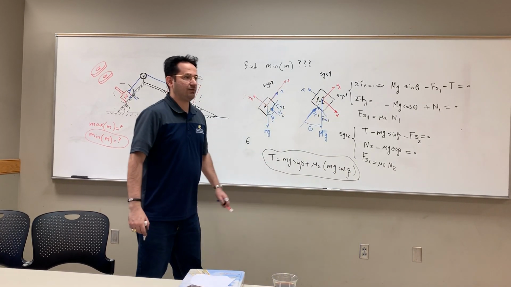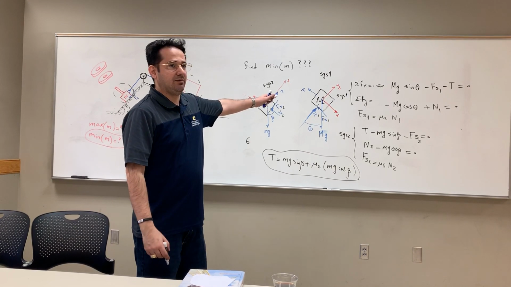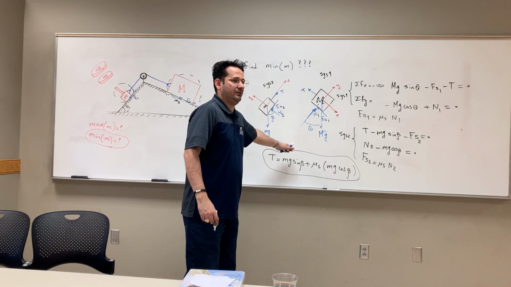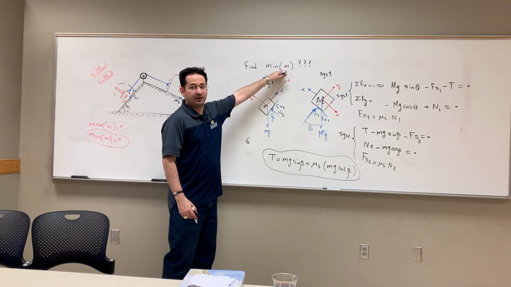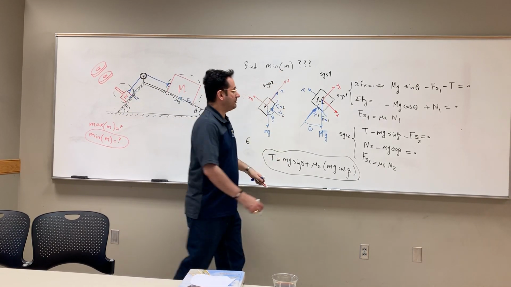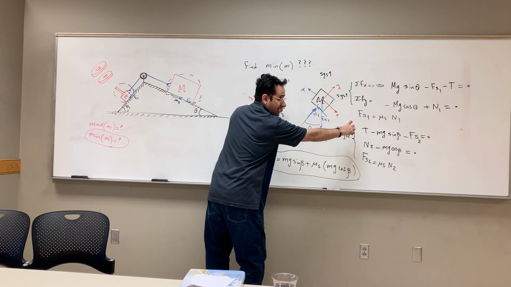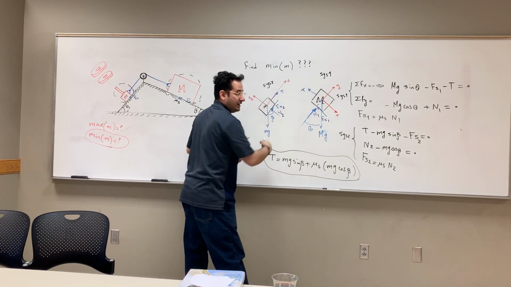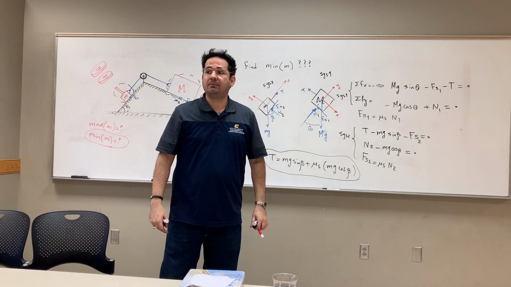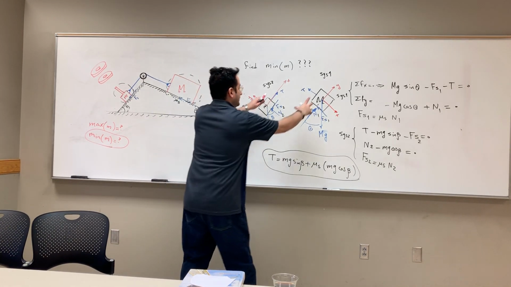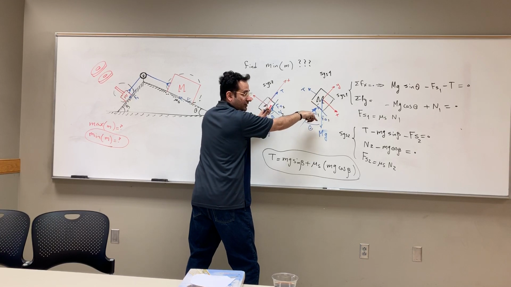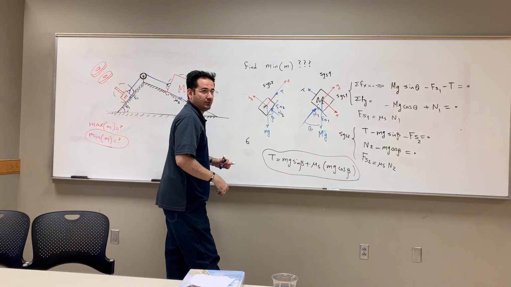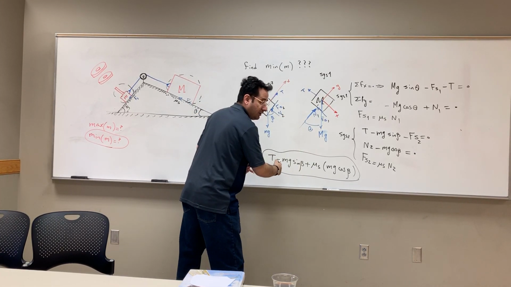So if somebody asks you for tension in the cable, that's the answer. But the question is to find the relation for M in the minimum case. Minimum case means the case that is about to slide down. That means the friction is this way. If it was asking for maximum, then it would slide the other way. So all you do is flip the sign of friction, but the formula becomes different, right?